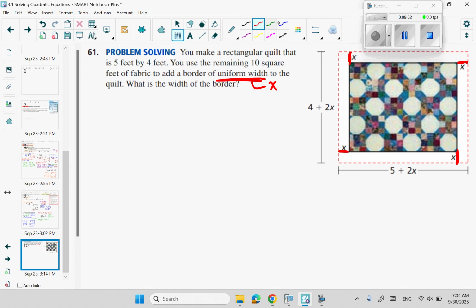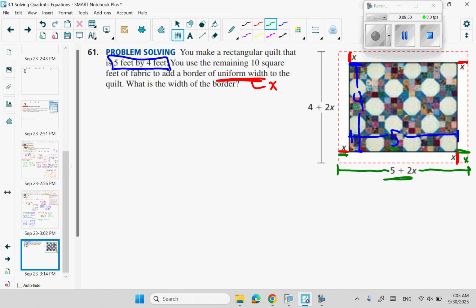Now, you know that the original quilt is 5 feet by 4 feet. So this piece right here is 4, and this piece is 5. So that's why when I talk about the entire length of this, I'm talking about the 5 here I have in blue, and I'm talking about this x, and I also get x right here.